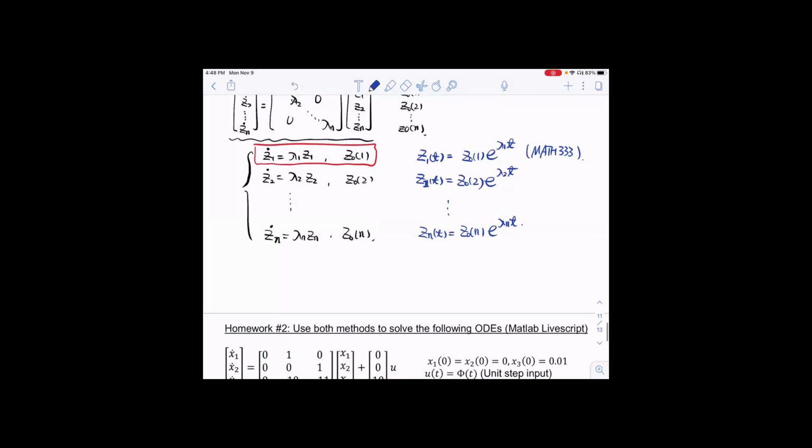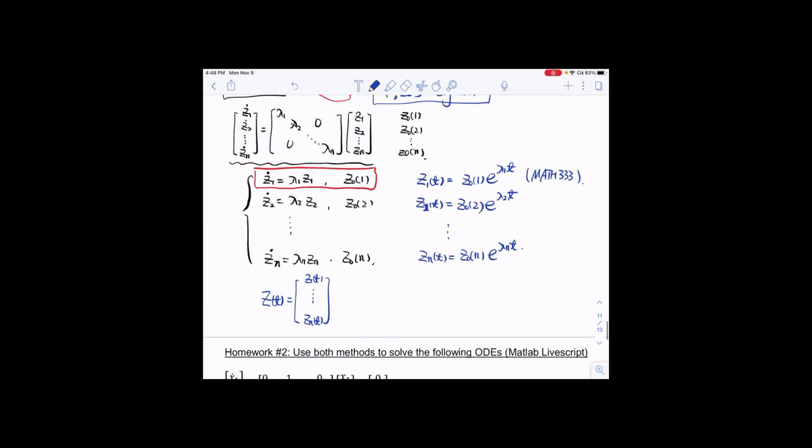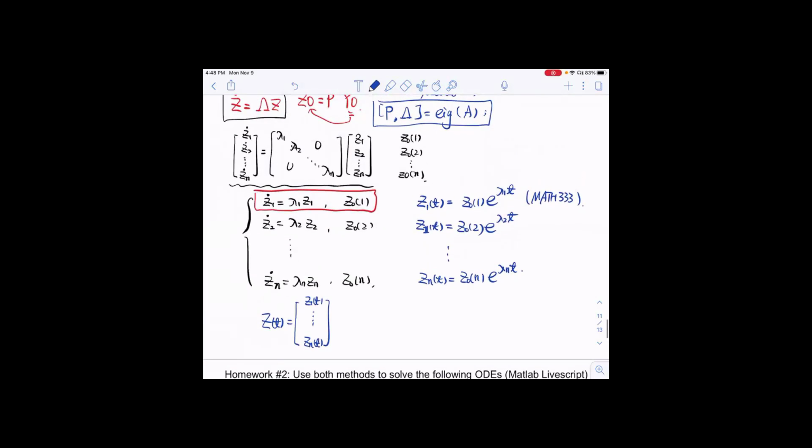So up to this point, we can find your Z of t solution. It's just Z1 of t all the way to Zn of t. Because we find the solution for each entry, we just collect them back into a column vector. Then we get the solution for the entire Z domain.